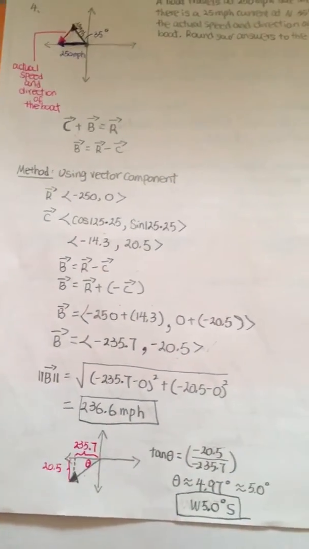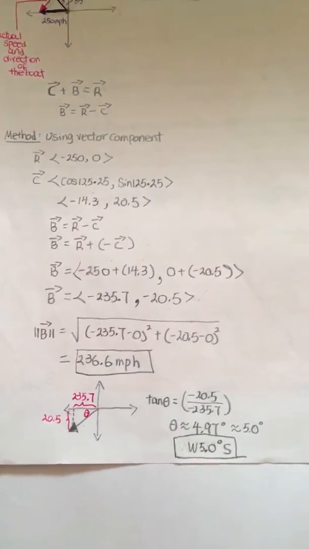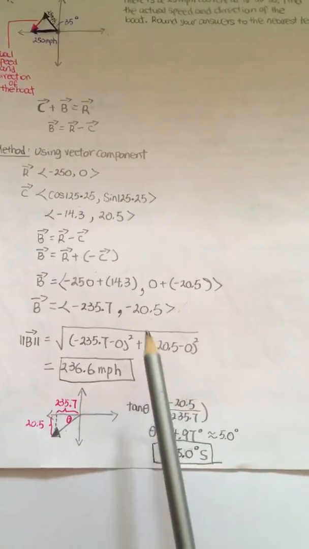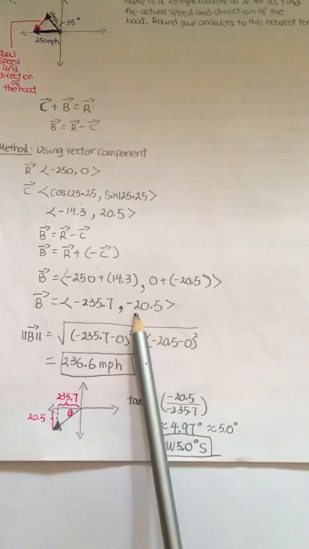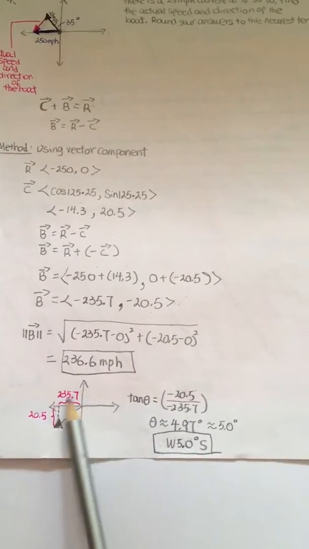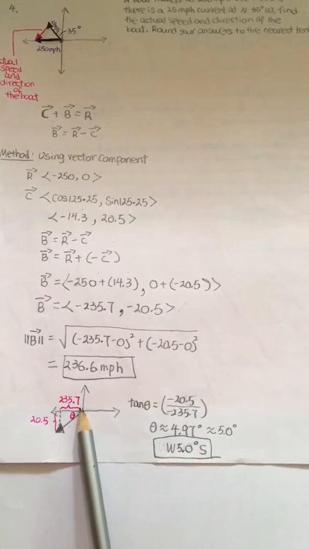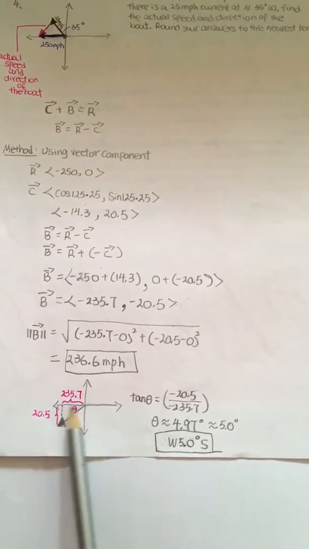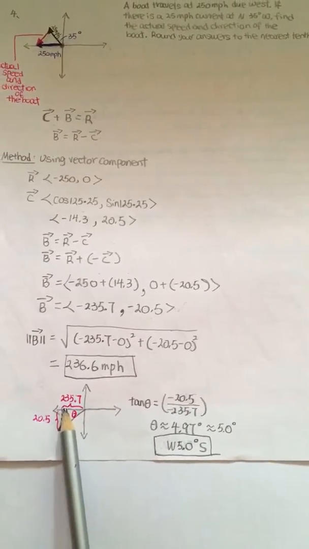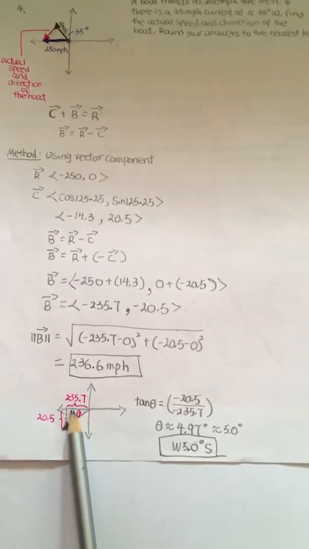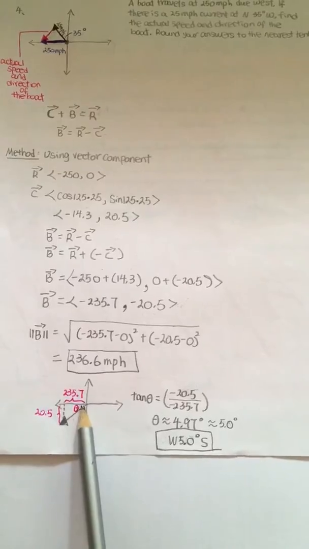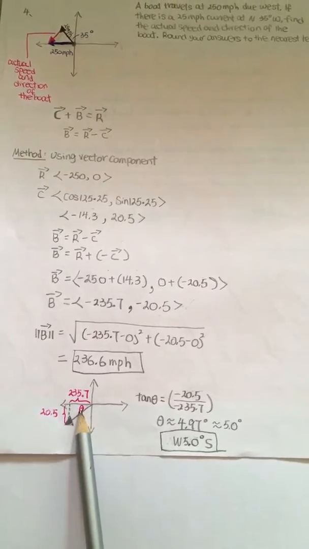And to find the direction, it will also be very simple because I already have this vector written in its component form. So I drew the diagram over here. We know that it's negative 235.7, so it's going to go this way. And then it's also coming down 20.5, so that's over here. So to find the direction, I have to find this angle over here.